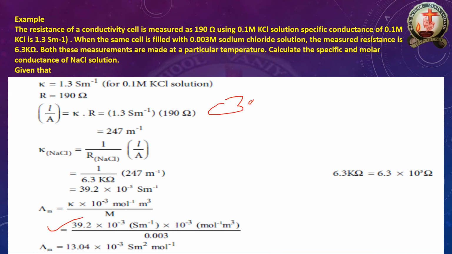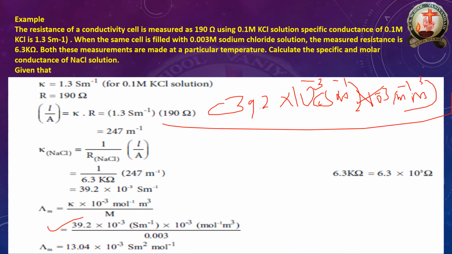So 39.2 into 10 to the power minus 3 Siemens per meter into 10 to the power minus 3 per mole and per meter, then divided by, instead of this one I'm going to substitute 3 into 10 to the power minus 3. I forward this one, I can add minus 3 here. What happened? This minus 3 gets cancelled.